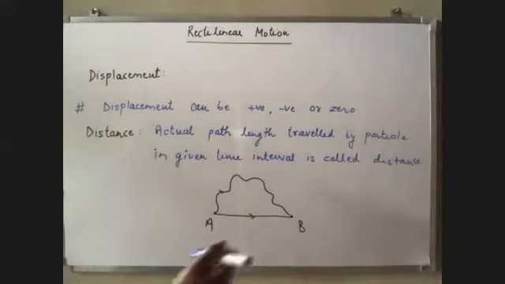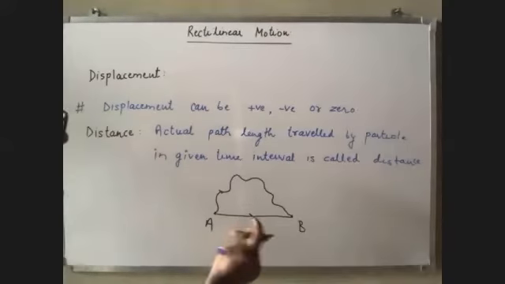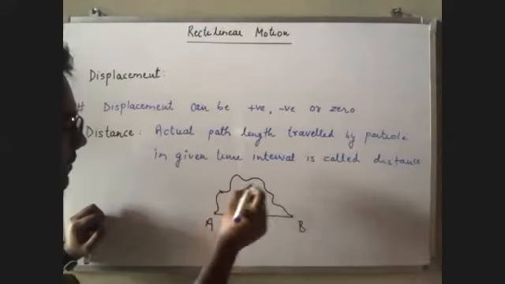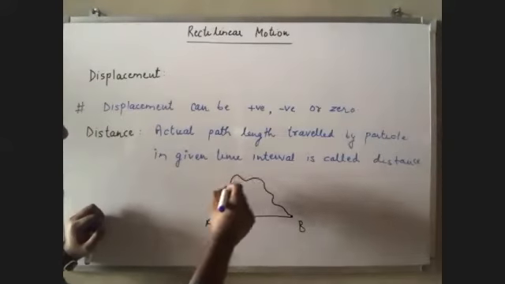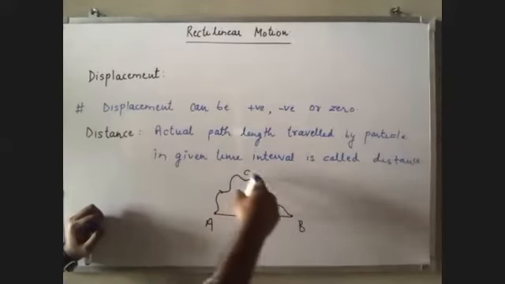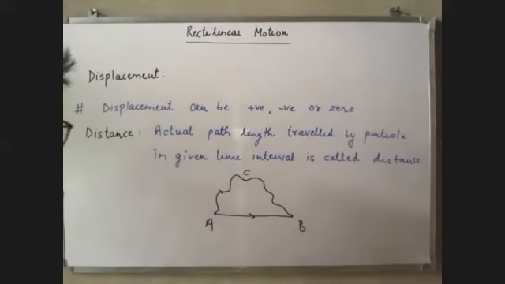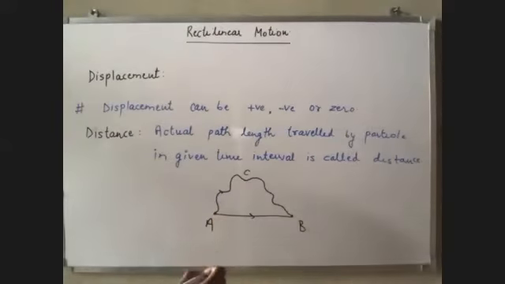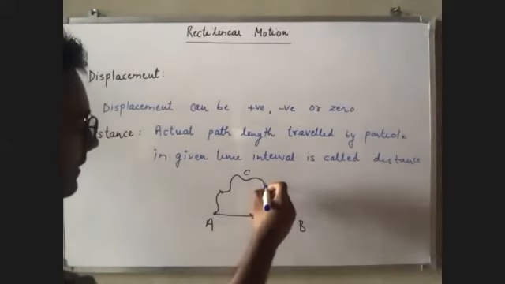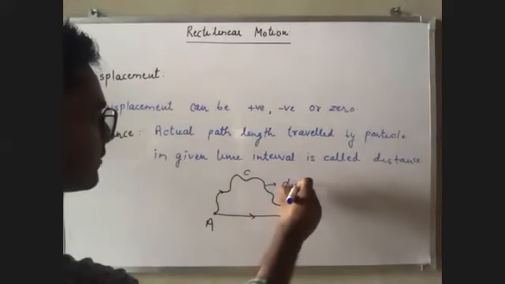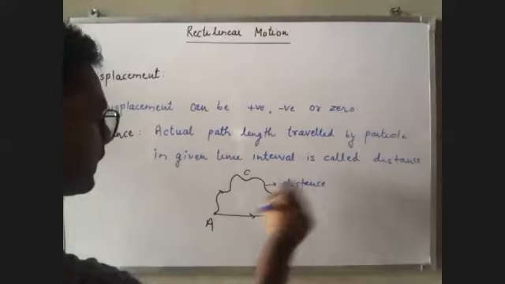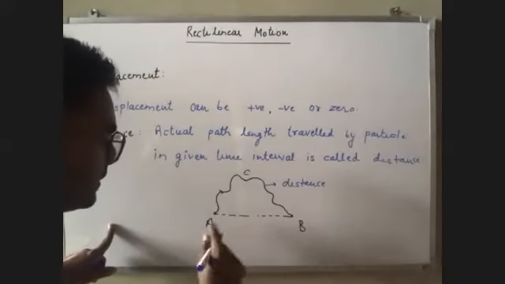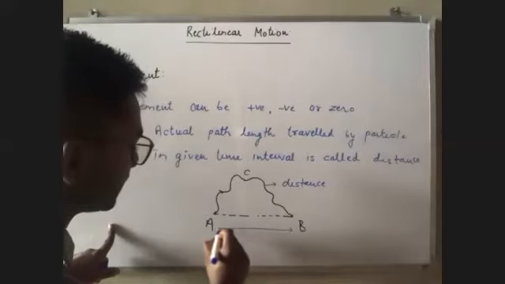Suppose the particle moves from A to B by this path, ACB. Can I say that this is nothing but distance, and whatever the length of AB is, this will be nothing but displacement?